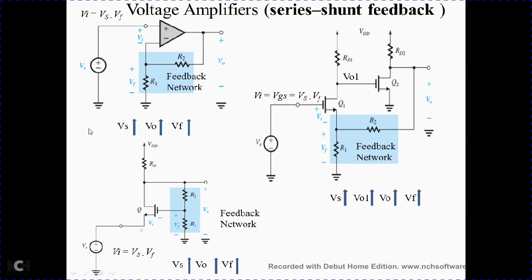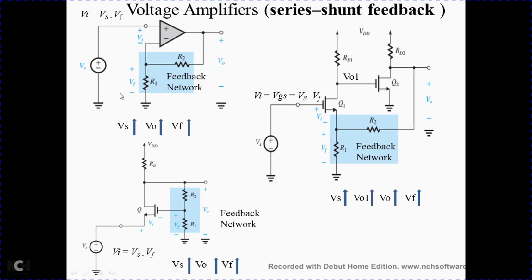Now, for a given voltage amplifier, we say feedback is negative only when the feedback signal and the applied original signal are in the same direction, right? Meaning if Vs is increasing, Vf should increase. If Vs is decreasing, Vf also should decrease. Then only we say it is negative feedback, right?